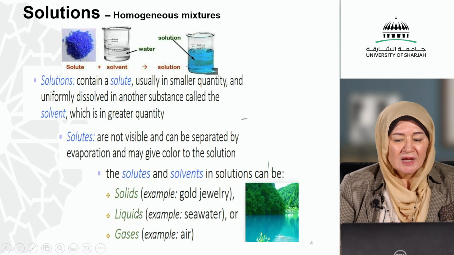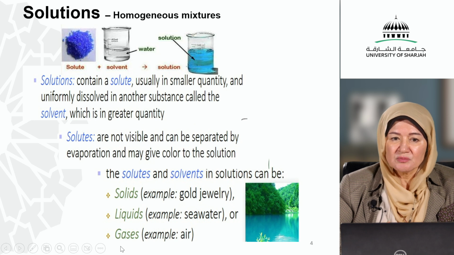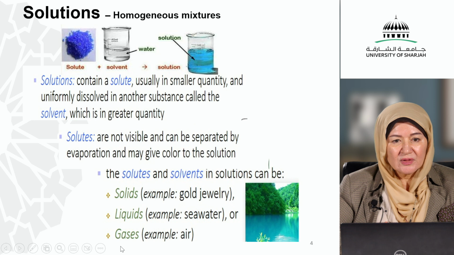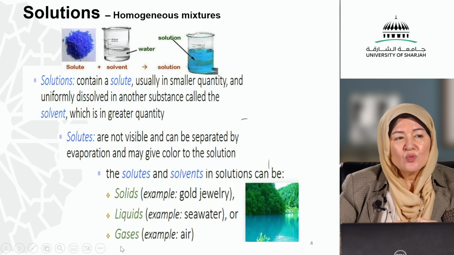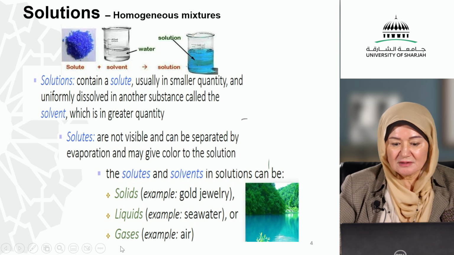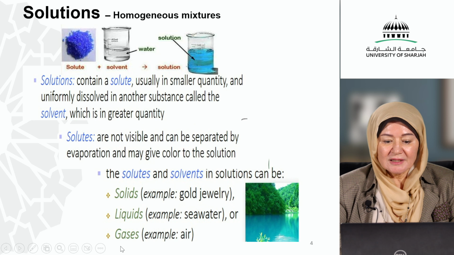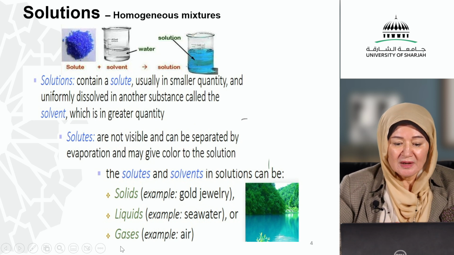How could that be? For example, I have 14 carat gold. What does it mean? It has other metals in it, in one form or one phase as 14 carat, but it has brass in it, it has copper in it, but it is not only gold.